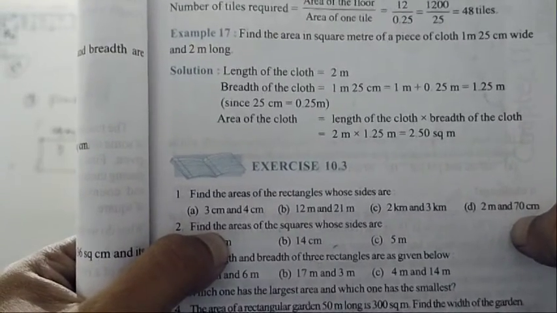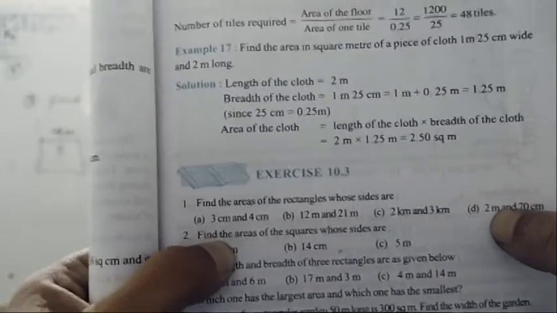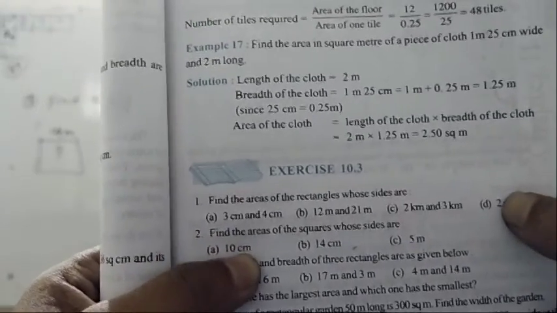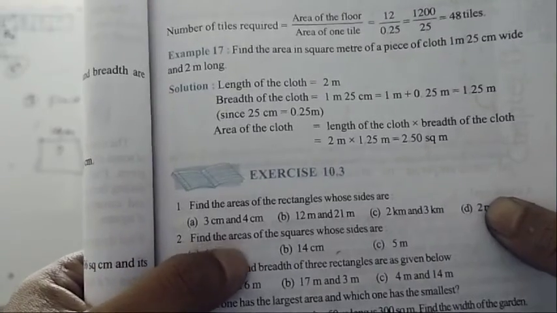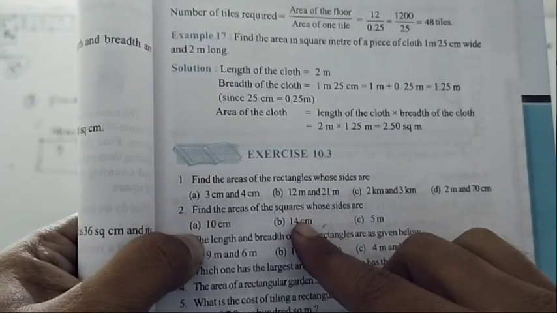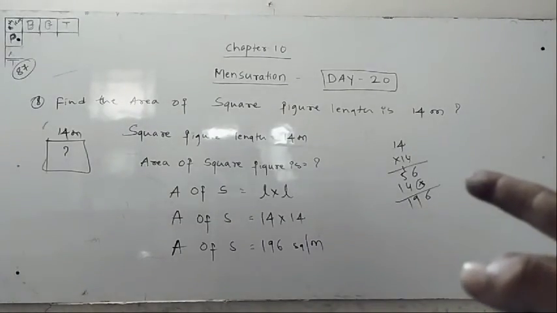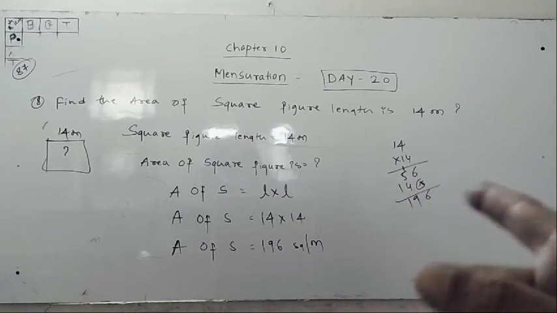Then you should convert 2 meter into centimeter. This one you should find out. And find the area of the squares whose side is 10 cm, 14 cm, 5 cm. 14 cm I already solved. Remaining 2 problems you have to solve.